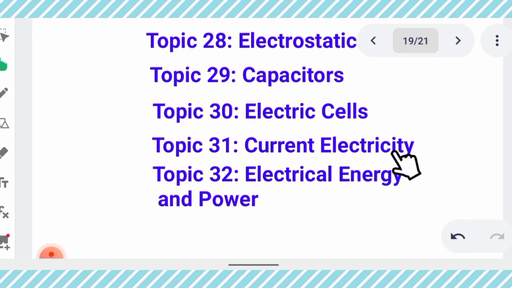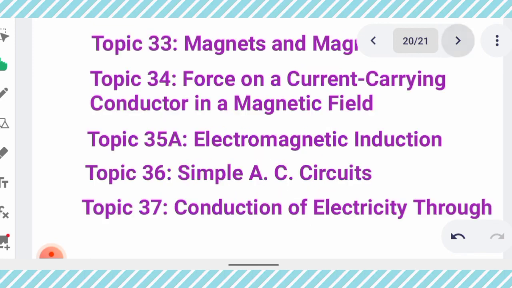Current electricity, electrical energy, and power. You just need to understand this. For example, P equal to IV, and electrical energy has its own formula. For example, P is equal to IV, and remember P also is equal to W over T. You have that W equal to IVT. Just read and understand them. Then 20, magnets and magnetism, it doesn't take time.